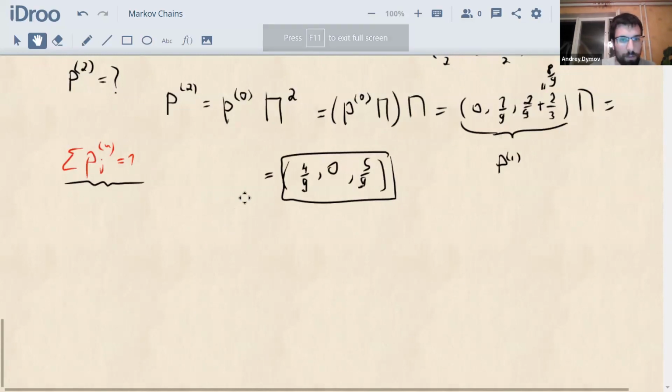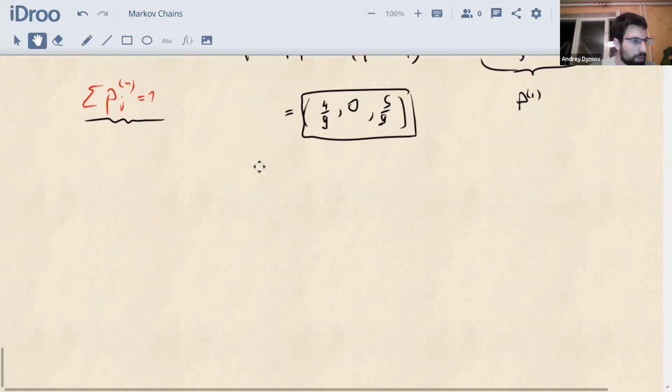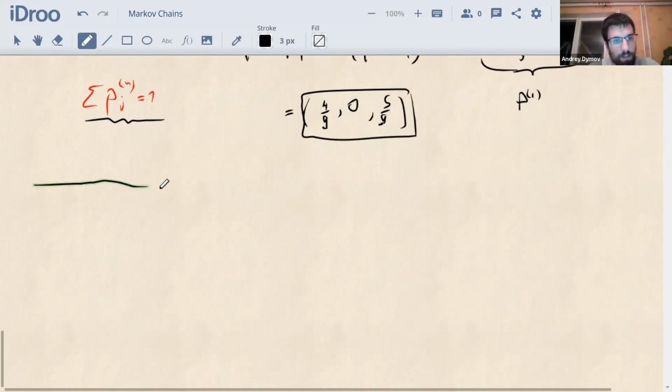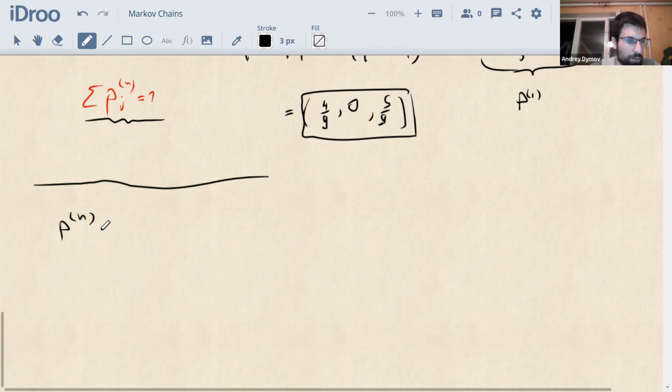So now let me note the following thing. Look, I can write down the distribution at moment of time n in the following way, according to the lemma I've proven, right?